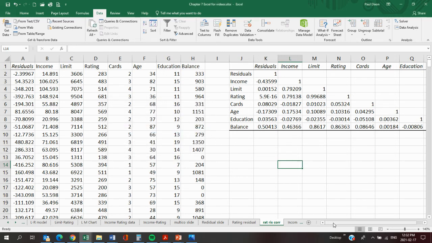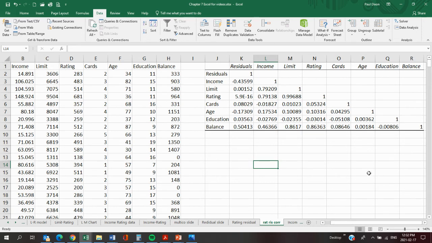So let's look at the table. And I am trying to predict now, not balance, I'm trying to predict the residuals, what's left. So if I look at income, after I've taken account of rating, income is negatively related to residuals.